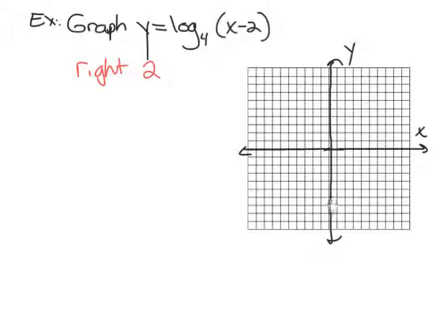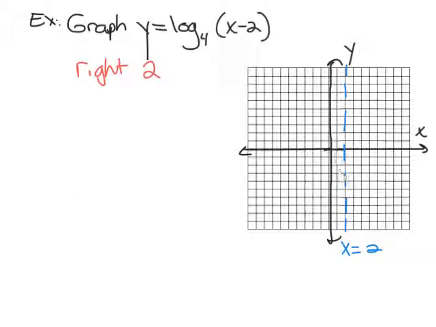So the first thing I'm going to move is the vertical asymptote. Instead of being at x equals 0, it is now at x equals 2. Now I just contradicted myself because I said you always reflect first, but here we don't have any reflection, so we have to move our asymptote, and then I can graph this function relative to the new asymptote.